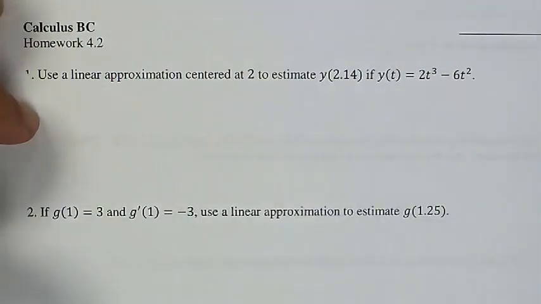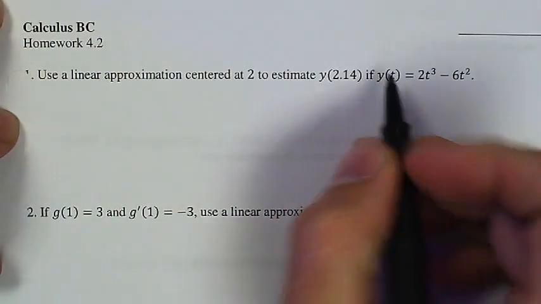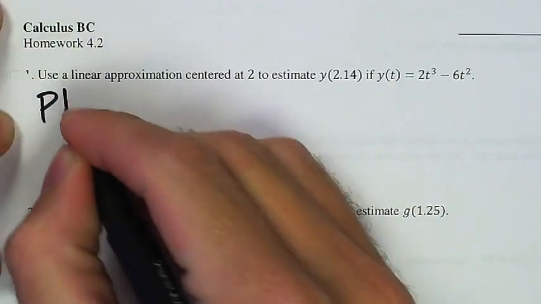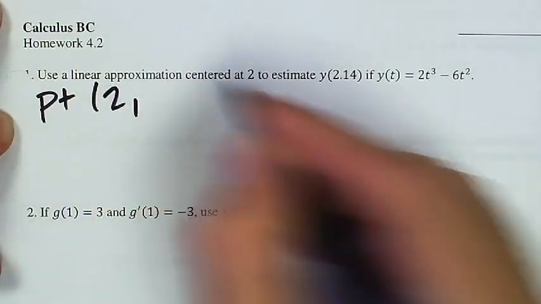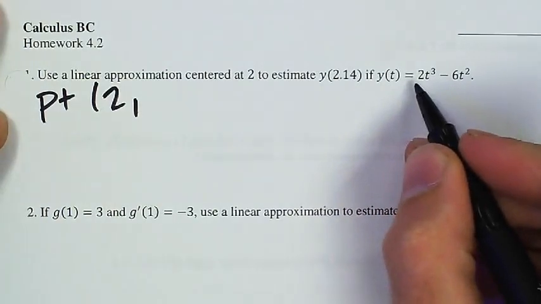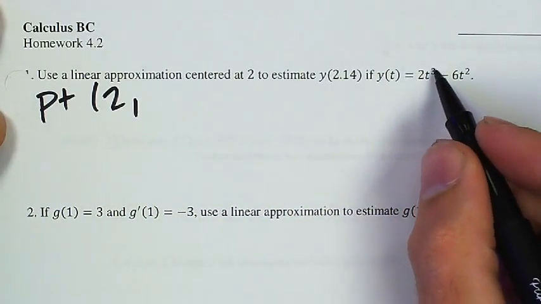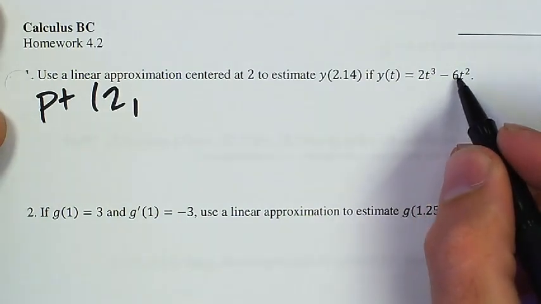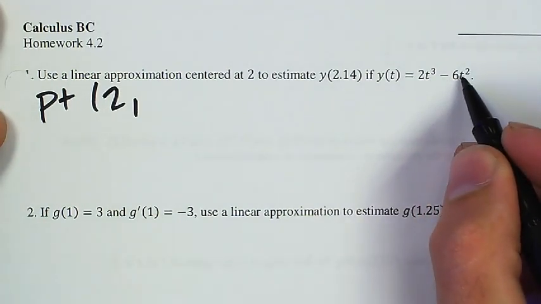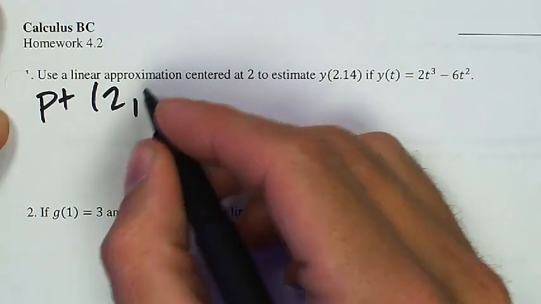Alright, so I'll say the point is going to be t is 2. And y is going to be 2 times 8 is 16, minus 6 times 4 is 24, 18, minus 24 is negative 6.